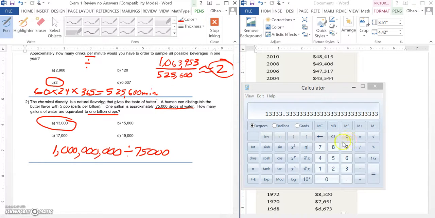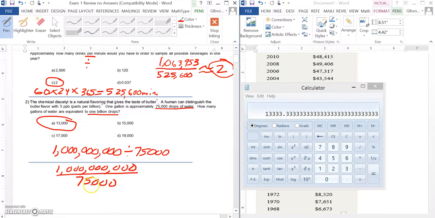Now, one other thing. I was asked this in a previous class. Some people say that their calculator cannot take these numbers because they're too long. So this is what you could do if you run into that situation. We could shorten the number, especially for numbers like this. We'll rewrite this as a fraction. And you notice that both of these numbers end in zeros.